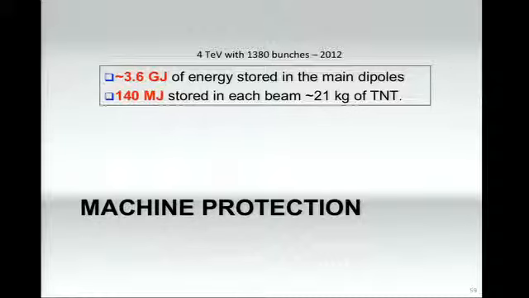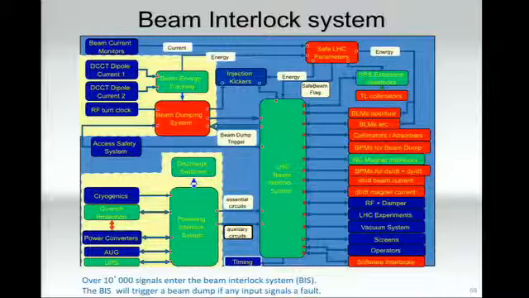So we have a beam interlock system which is going to interact with the beam dump. A lot of care, as I said, is taken here. If anything comes in hot or bothered, it will trigger the beam interlock system to dump the beam. There's also a powering interlock system taking care of the safety of the superconducting magnets, which is going to interact with the beam interlock system.